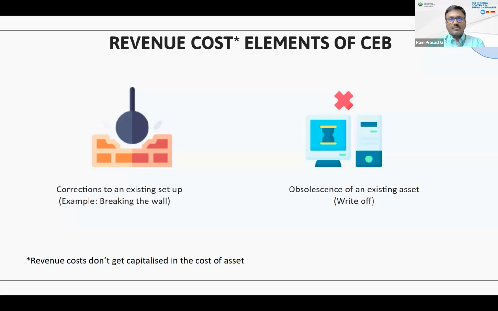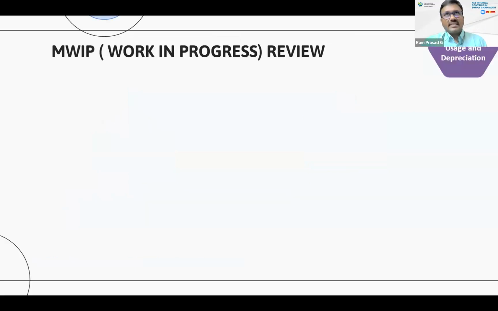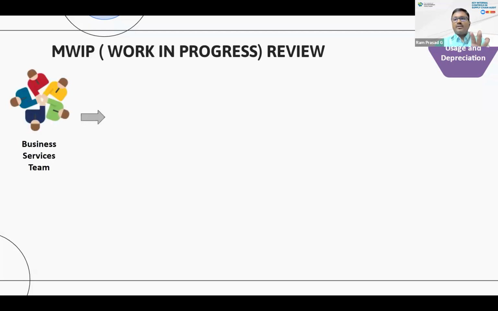So moving on to the MWIP or CWIP process. These major projects will run for a year or sometimes a couple of years as well. So in these cases, what review mechanisms will happen during the lifetime of a project?